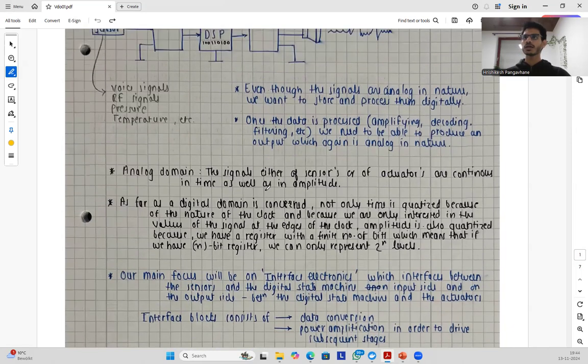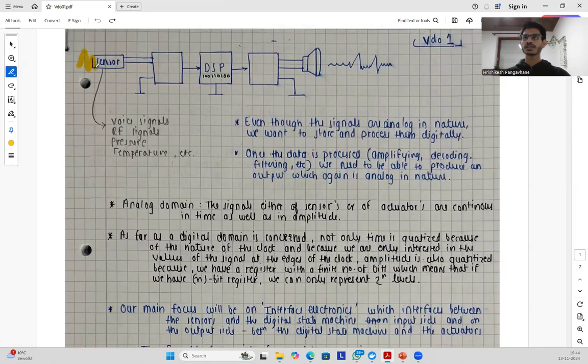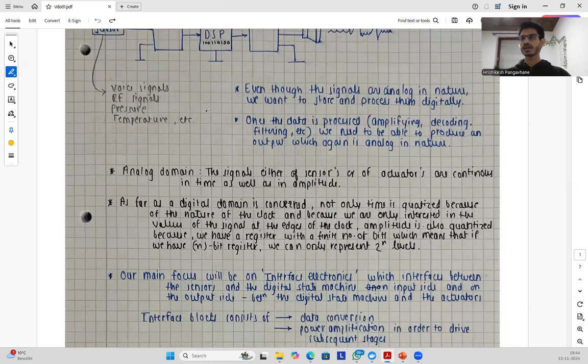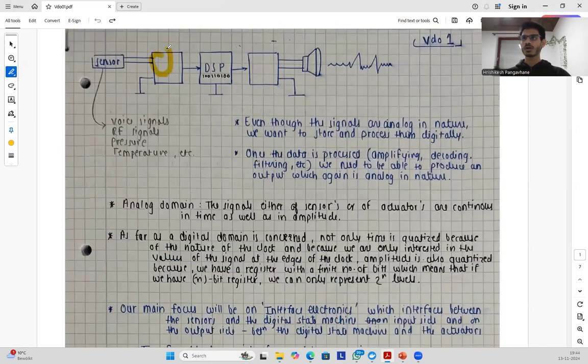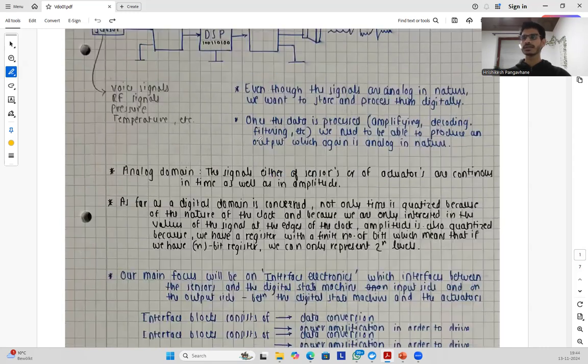But along with that, we may have signals which are very low and very small, so they cannot drive the whole system. In order to drive the system, they need to be amplified. So power amplification to drive subsequent stages is also a factor we need to include in these interfacing blocks. To be very specific, we will be working in this block, where our main target is to develop a delta sigma modulator or the ADC.